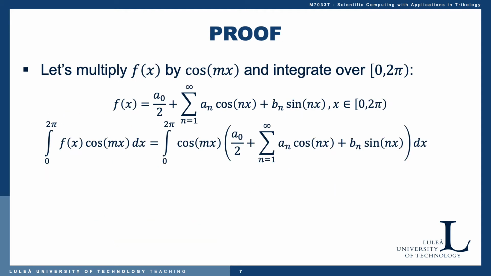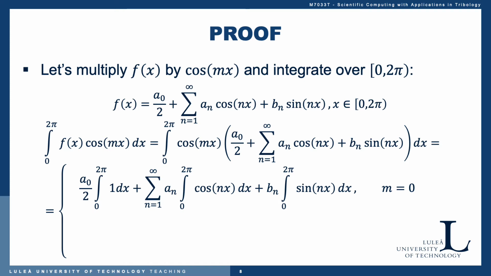f of x being this Fourier series, and then we multiply it with cosine mx and integrate from 0 to 2 pi. Well, this is simply put here, and if we consider the case when m equals 0, cosine mx is 1, and the integration is easily performed, at least for the first term.